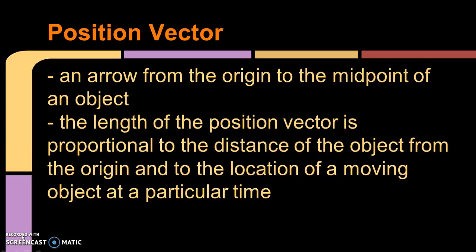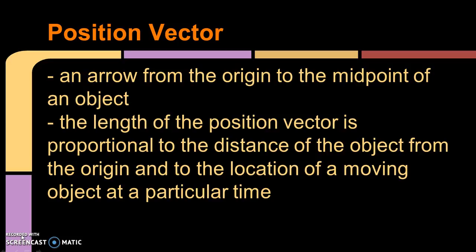Vectors represent both magnitude and direction of motion. We will study many different types of vector quantities, including acceleration, velocity, force. In this particular case, we will talk about position, or more specifically, displacement.